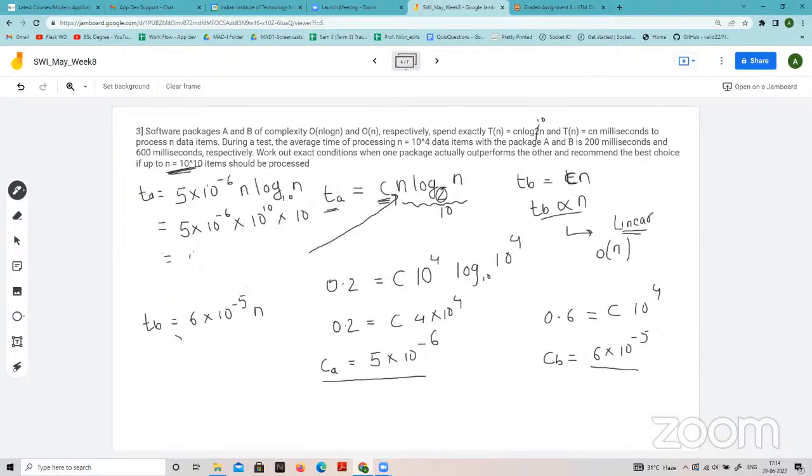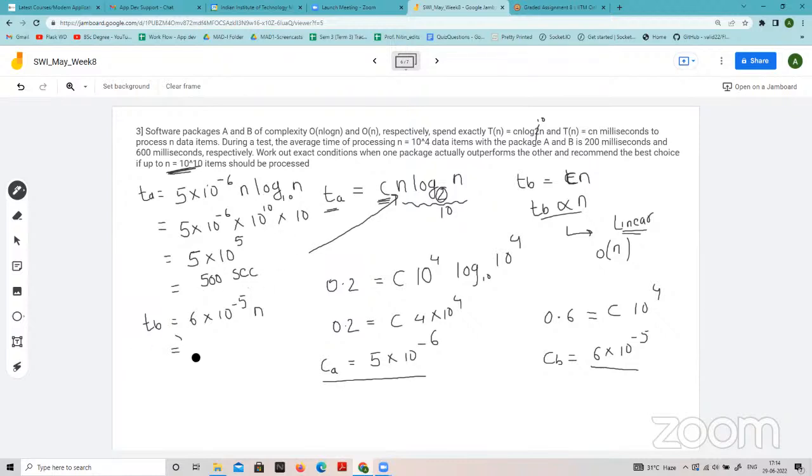So it is 5 into 10 raised to power 5, right? And the answer is in milliseconds. So I can say that it is 500 seconds, because if the unit is milliseconds, I'll also say 10 raised to power minus 3 in seconds, so it becomes 500 seconds.